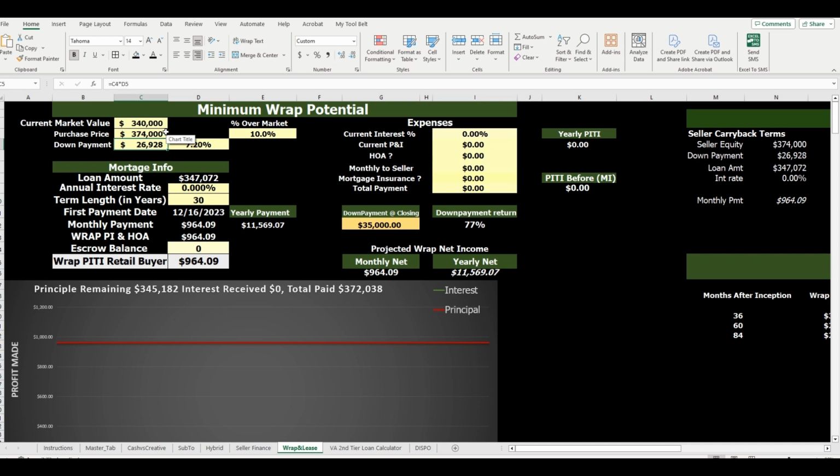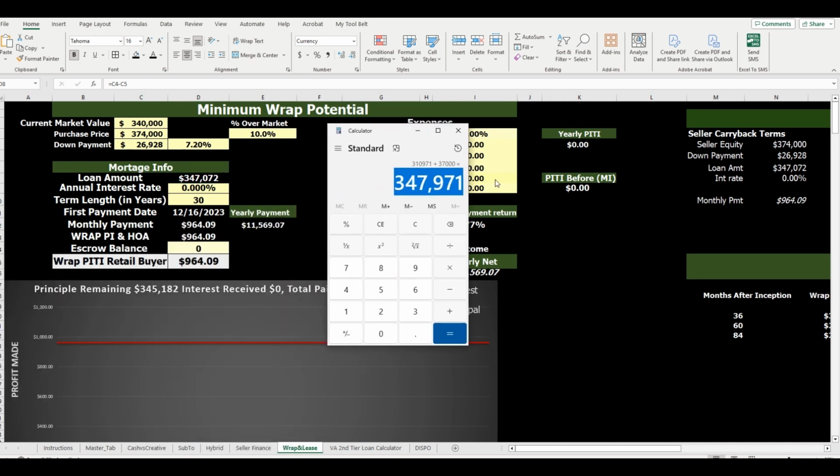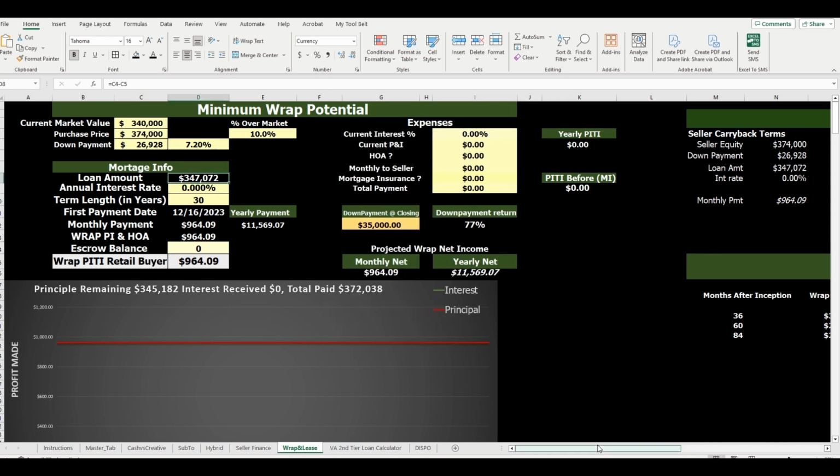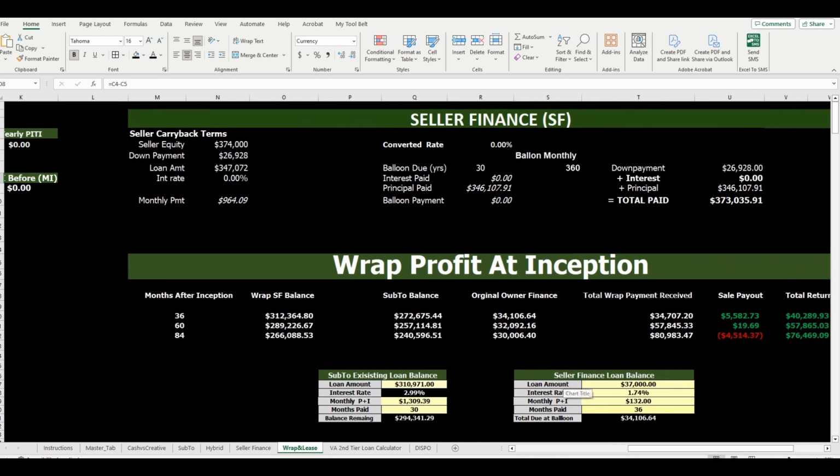Okay, so $374,000 is probably going to be the highest that I can go on the purchase price. So what I'm doing here is I'm going to inflate my purchase price with the retail buyer on paper, because we are trying to get this loan amount to be equal to or greater than the total loan amount that's going to be remaining on this property.